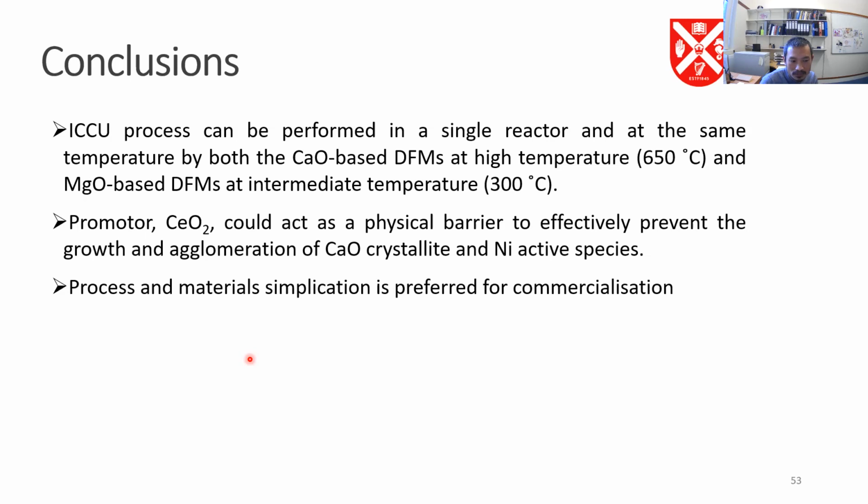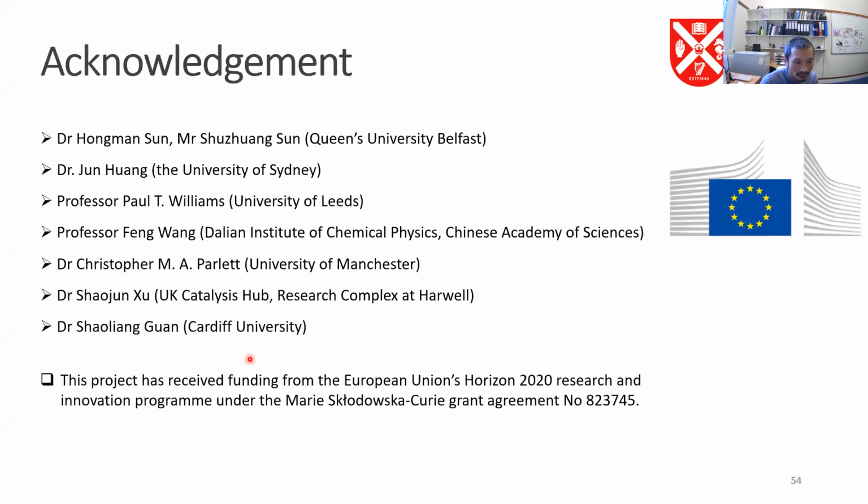So a lot still needs to be done. Our idea here is to simplify the process, because anything simple will be easy to commercialize. So try to use calcium oxide alone, limestone, marble stone, very simple materials to promote the technology.